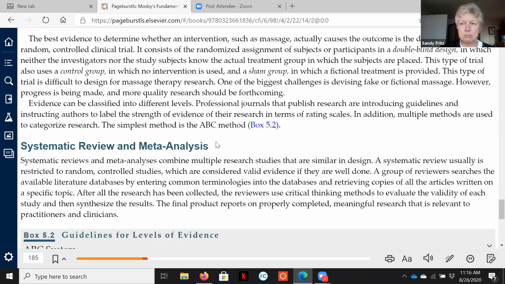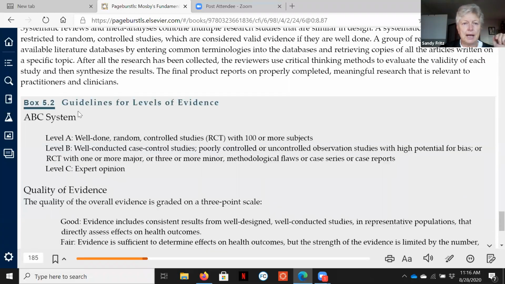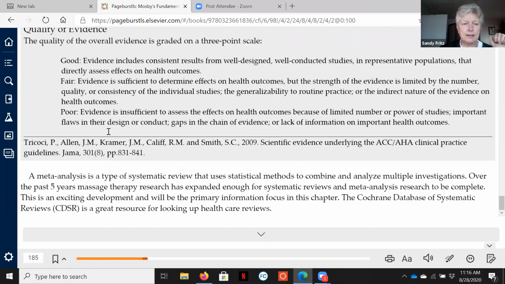I am thrilled that I was able to use systematic reviews and meta-analyses in the second part of this chapter to provide an evidence-informed justification for the main outcomes for massage. Not all evidence is the same, and so this box is going to give us an overview of what that is.